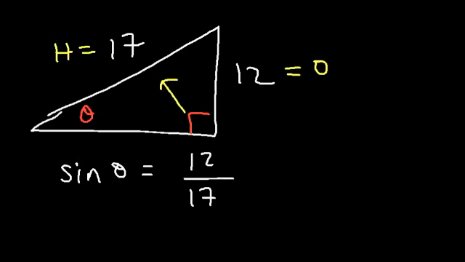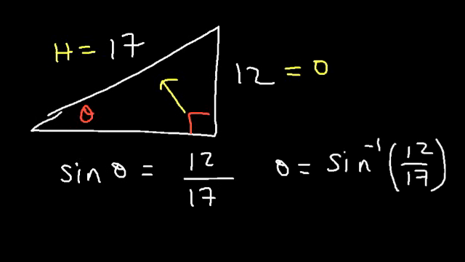But in order to find theta, we need to use the inverse sine function. Theta is going to be the inverse sine of 12 divided by 17. So the inverse sine of 12 over 17, that's about 44.9 degrees. So that's how you can find the missing angle. Use the inverse trig function.